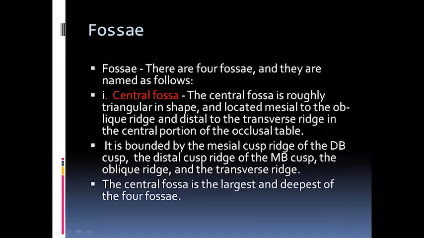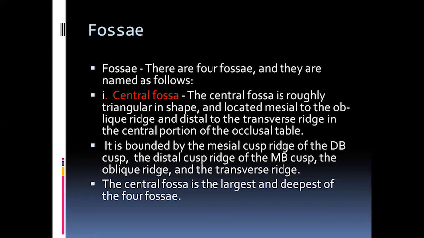Next is the fossa. There are four fossas. First is the central fossa. The central fossa is roughly triangular in shape and located mesial to the oblique ridge and distal to the transverse ridge in the central portion of the occlusal table.